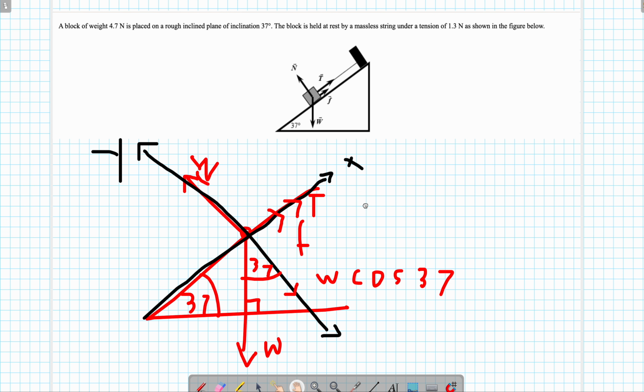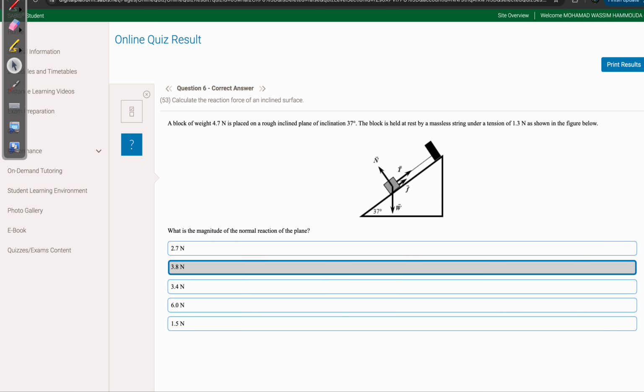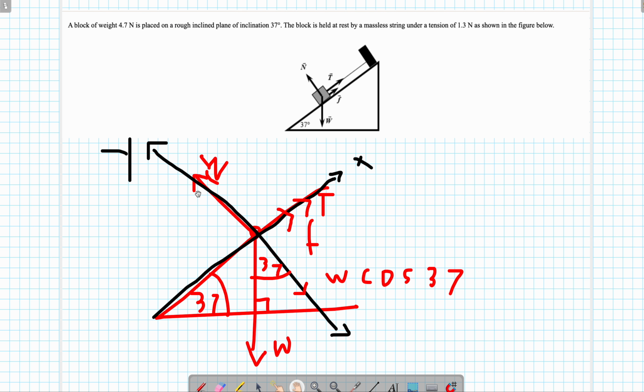They said, okay, they did not say anything. The block is held at rest. Held at rest. So that's important to us. Because without it, we would be cooked and we would need to use another method, which we're not gonna need now. So, since it's at rest and we only need the normal, we're gonna work on y. So, sigma Fy is equal to 0.